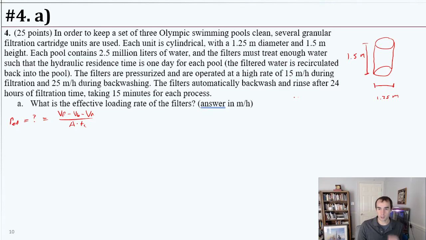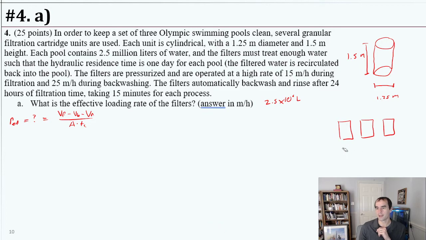And the volume of each pool is 2.5 million liters. So let's say that 2.5 times 10 to the 6th liters, and we have 3 Olympic swimming pools that are being treated, so we're treating water from all 3, and each of these has 2.5 million liters.